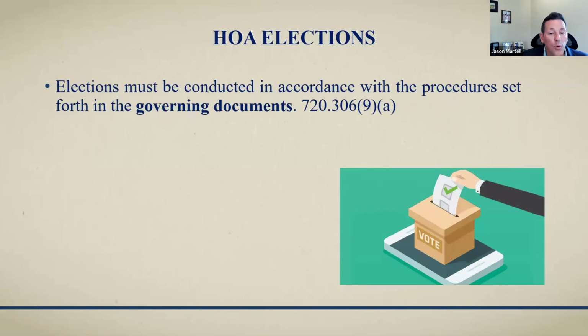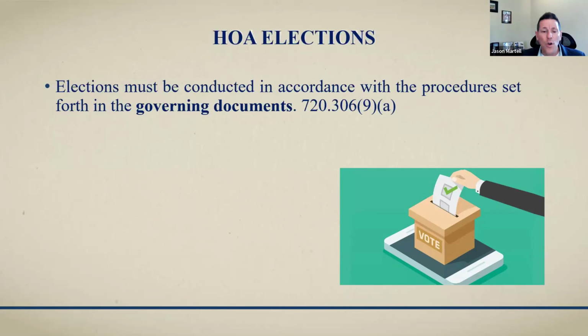And it's really important to be careful and be mindful of what your governing documents read, to get with your management team, to get with your legal counsel in advance of your meetings, in advance of your elections, so that you have your T's crossed and your I's dotted. Because what your election process and procedures may be for your community could be dramatically different than the community just to your right or to your left, okay?